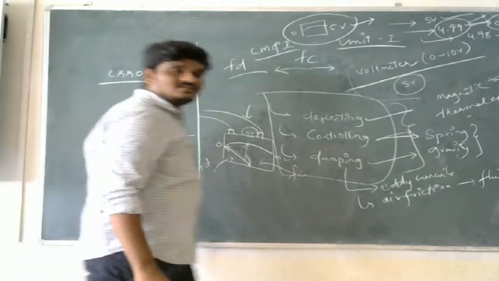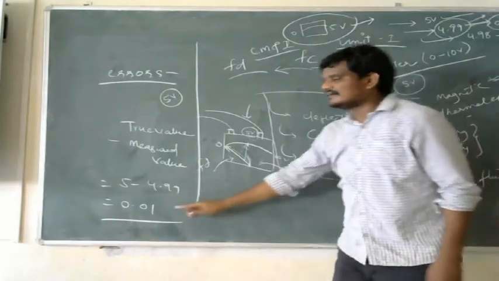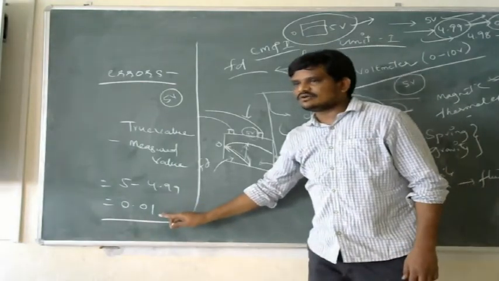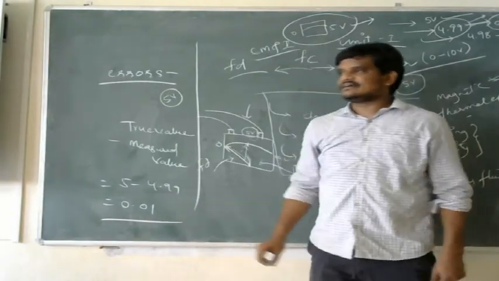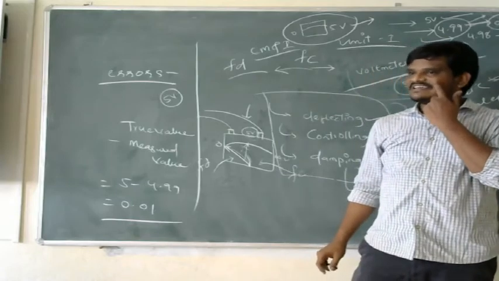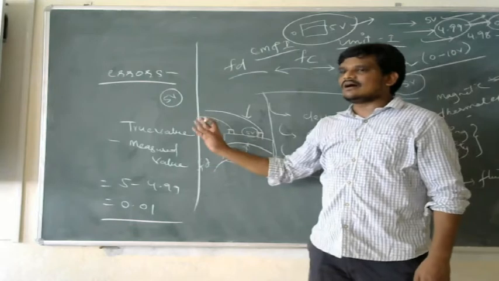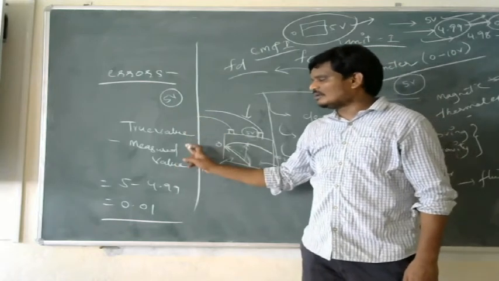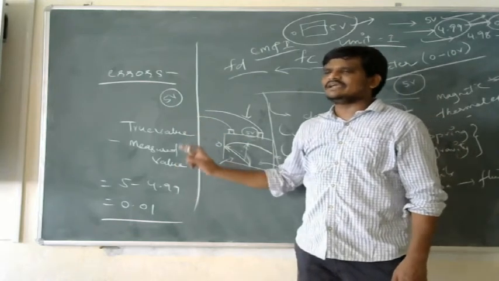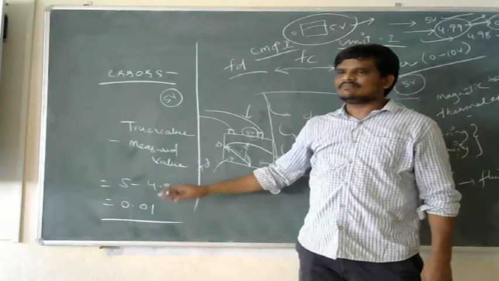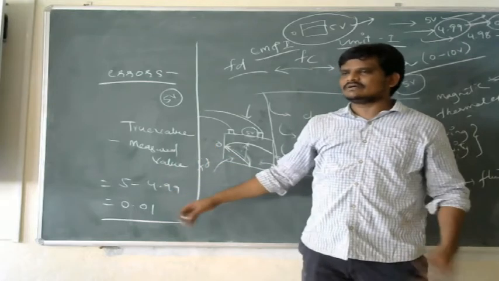The 0.01 value is considered as an error. The main definition of error is the deviation or difference between the true value and measured value of any instrument, either an ammeter, voltmeter, wattmeter, or whatever it may be.